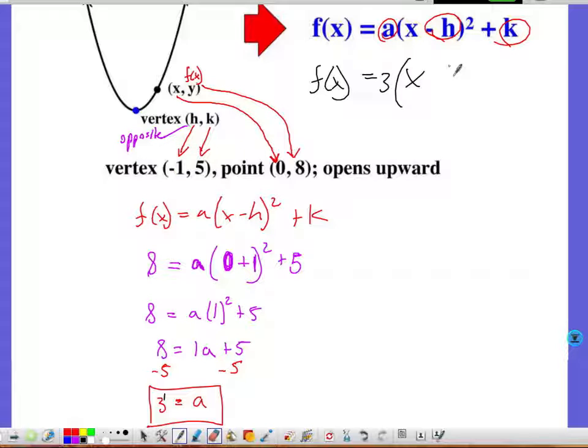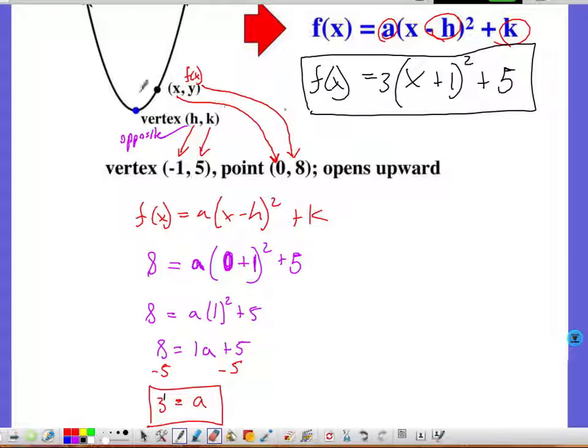So the opposite of -1 is +1, so x plus 1) squared plus k, which is 5. And there we go. This is going to be my final answer. So can you see how we took the vertex and we took a point to find the vertex form of the quadratic function?